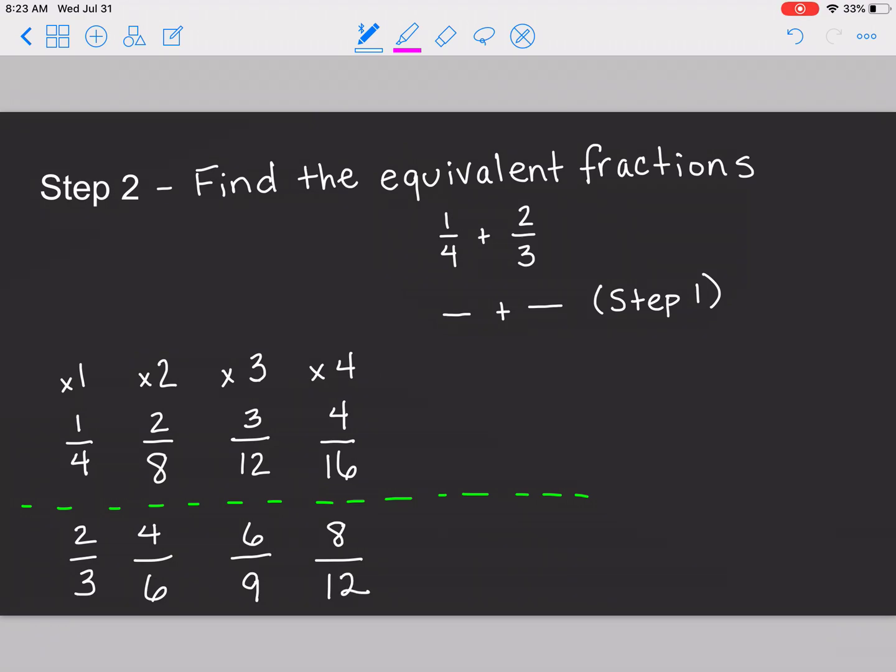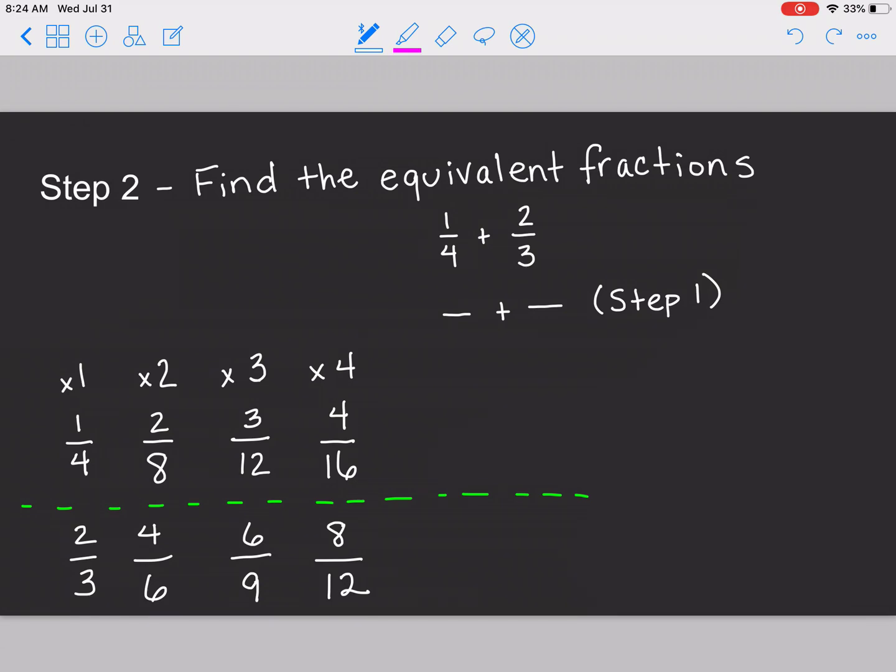Now you're going to stop and look at all of your denominators. So we have 4, 8, 12, 16, 3, 6, 9, 12. Well, now I can see that I do have denominators that match. They're the same. And I'm going to circle those to really bring my attention to them.